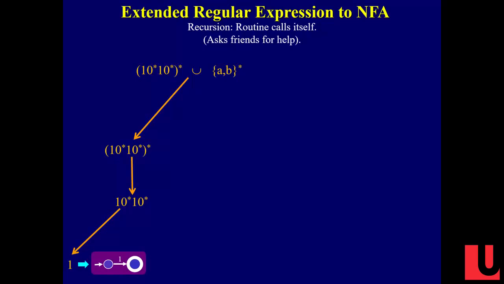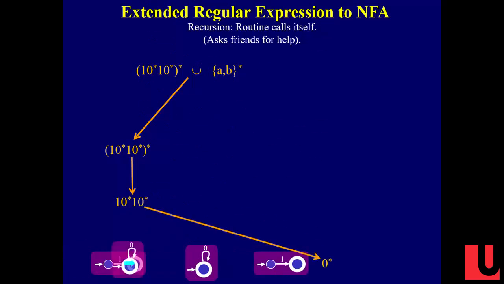Here's an NFA that accepts 1. Everybody buy that? And now what about 0 star? Well, there's an NFA that accepts 0 star. Everybody see that? And then there's 1, there's another 1, and there's another 0 star.